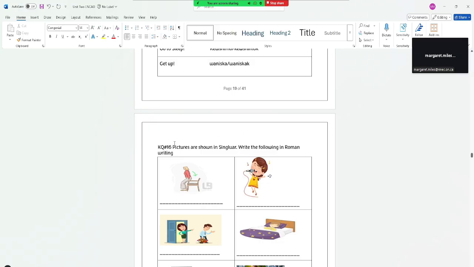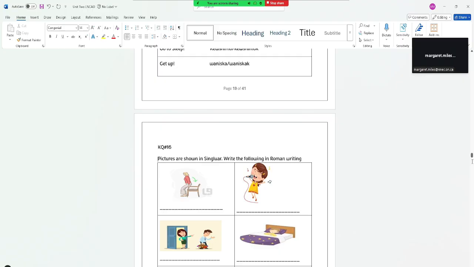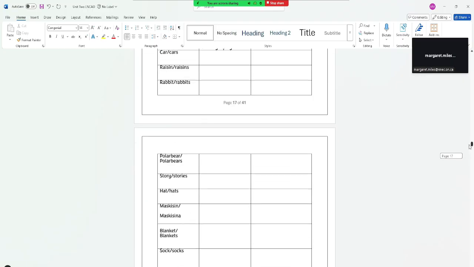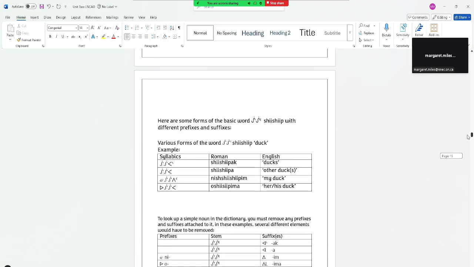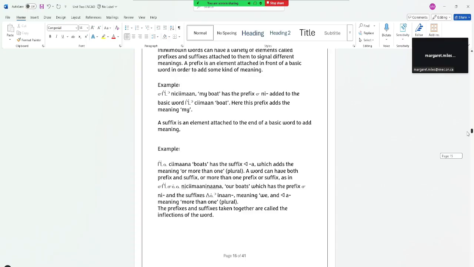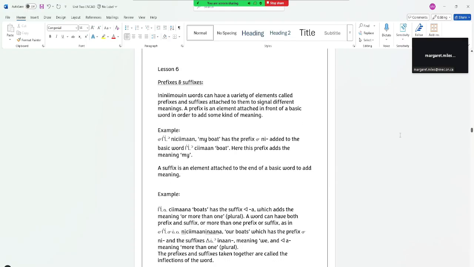And this is key question number 16. So again, we said Ininiimowin words can have a variety of elements called prefixes and suffixes attached to them to signal different meanings.